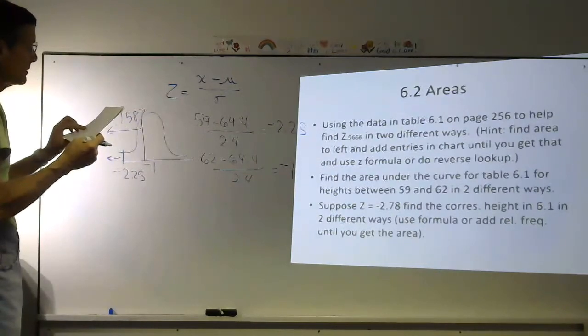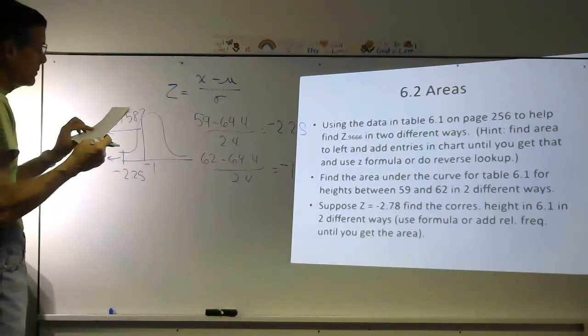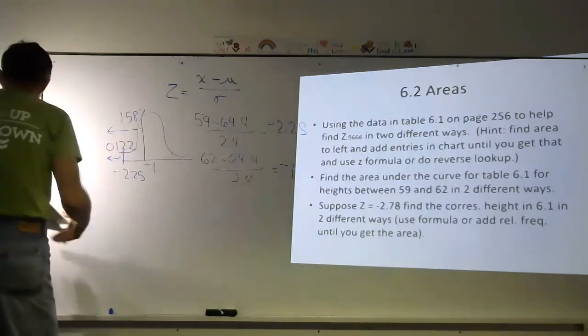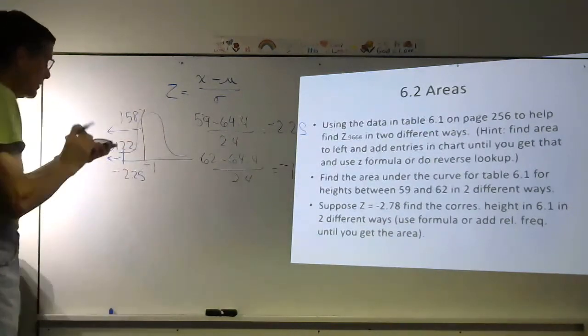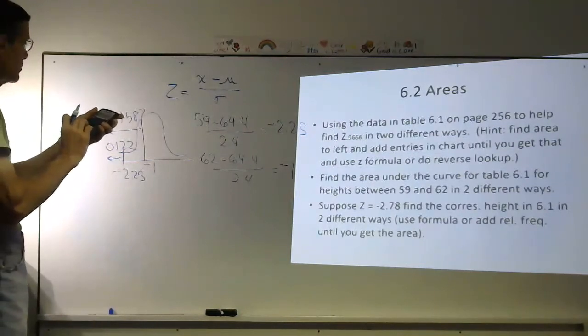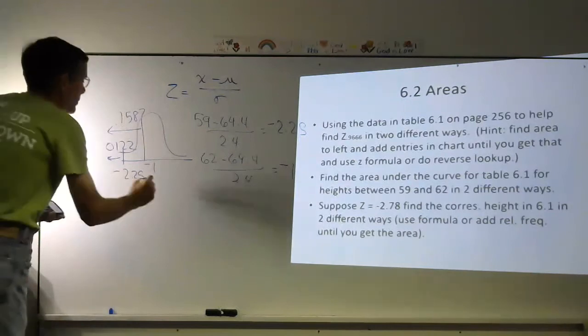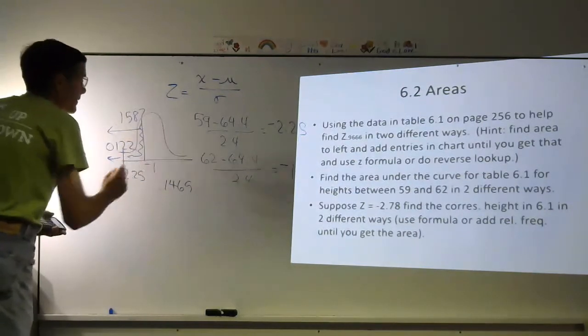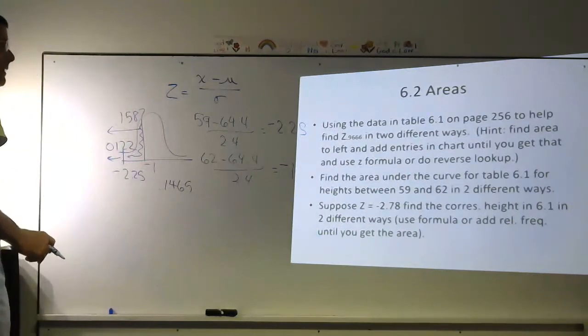Negative 2.25 is 0.0122. And subtract. So I have 0.1587 minus 0.0122, and I get about 0.1465. That's the area in there.